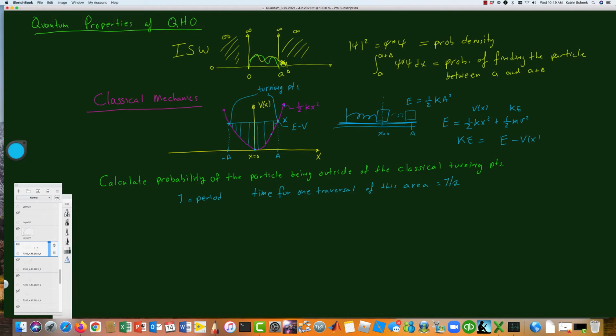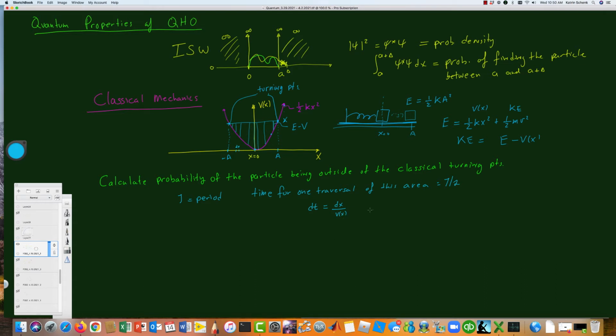Okay, and the amount of time the particle spends in some small region delta x, so say we have a small region here, dx, and we want to know how much time does it spend there? Well, that's pretty easy: it's dt over dx times the velocity, right?